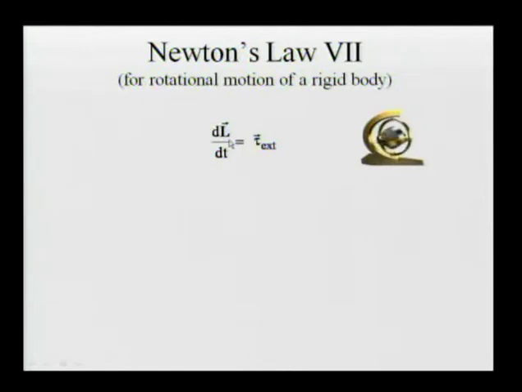That version of Newton's second law is valid only for objects of appropriate symmetry, the symmetry for which angular momentum and angular velocity are in the same direction. I can write that angular momentum is equal to moment of inertia multiplied by angular velocity, and take moment of inertia in front of the derivative, and then recognize that this expression is the rate of change in angular velocity. We call it angular acceleration.